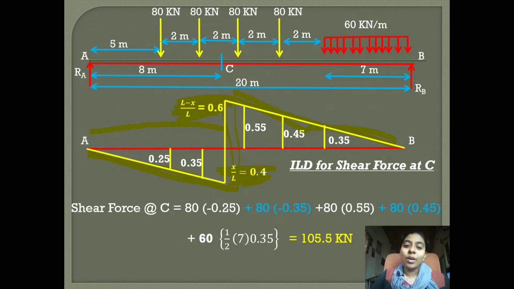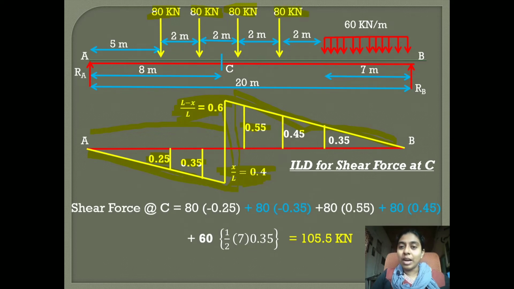Now find the other ordinates under the loads. What is the ordinate under this 80 kilonewton load? Using similar triangle principles, we get 0.25. Under the second 80 kilonewton load, you will get 0.35. Under the third, 0.55.